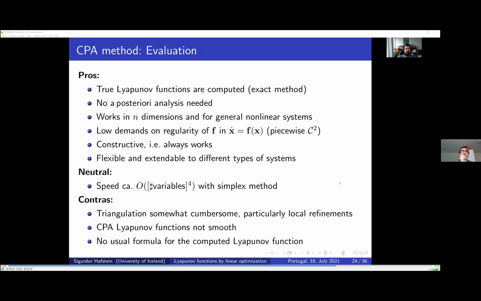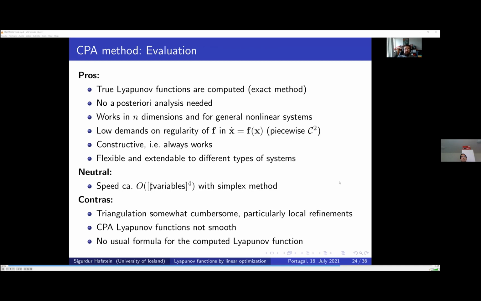Okay. And if we now try to sum up what are the good things about this method, well, the good things are we construct a true Lyapunov function for the system. There is no a posteriori analysis of what we compute needed. It works in n dimensions for general nonlinear systems. So actually, we only need it to be C2 or, more or less C2.